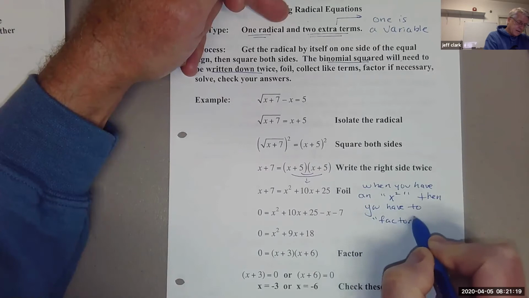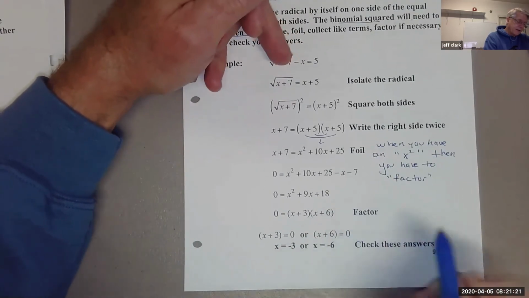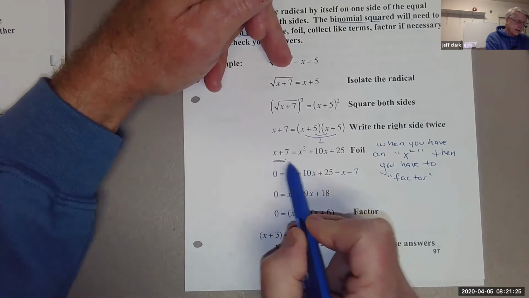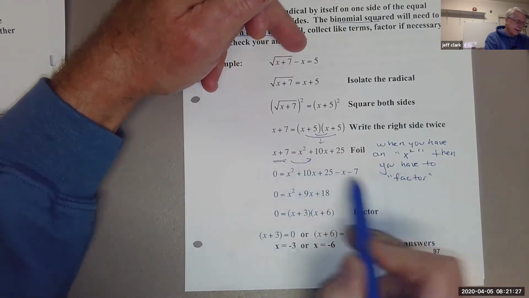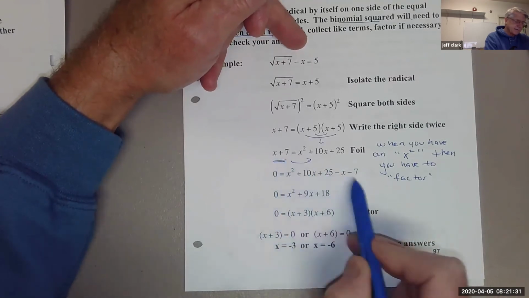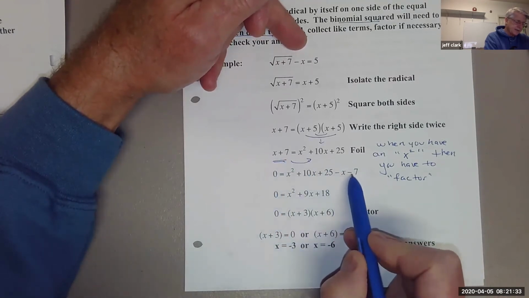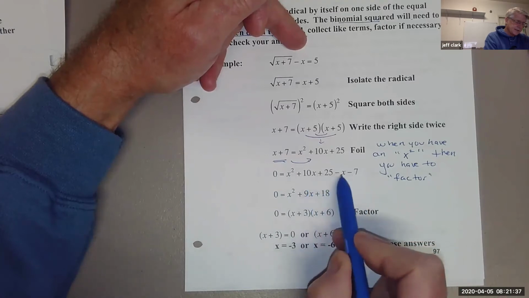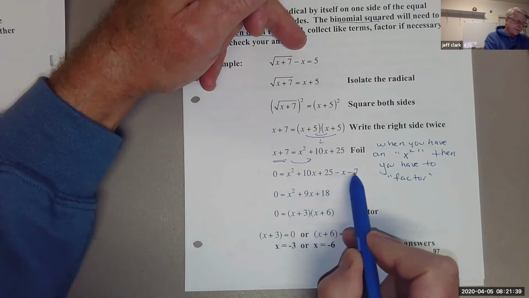But in order to factor, you got to bring it all over to one side of the equal sign. So these guys right here have to move over to the left-hand side. And that's what I'm showing you. See, subtract x, subtract 7, and then combine like terms. Let's see, 10x minus x, and 25 subtract 7, 18.